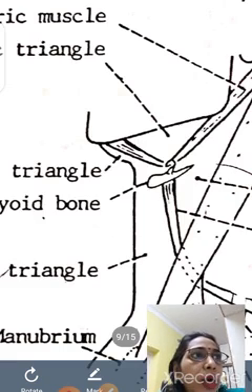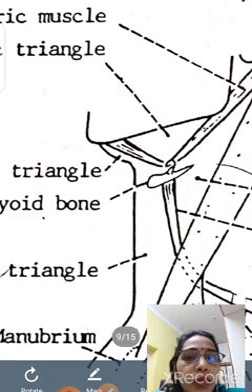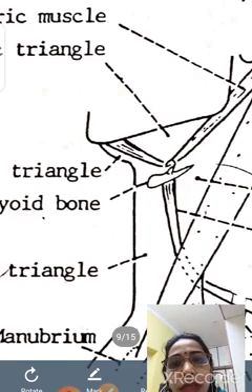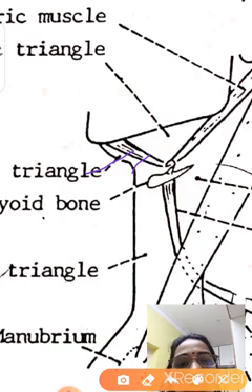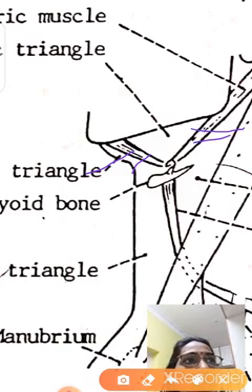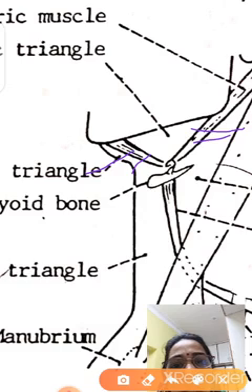Okay, the boundaries of the digastric triangle: this is your anterior belly of digastric muscle, and this is your posterior belly of the digastric muscle. So antero-inferiorly, the border is by the anterior belly of the digastric muscle, and postero-inferiorly by the posterior belly of the digastric muscle.